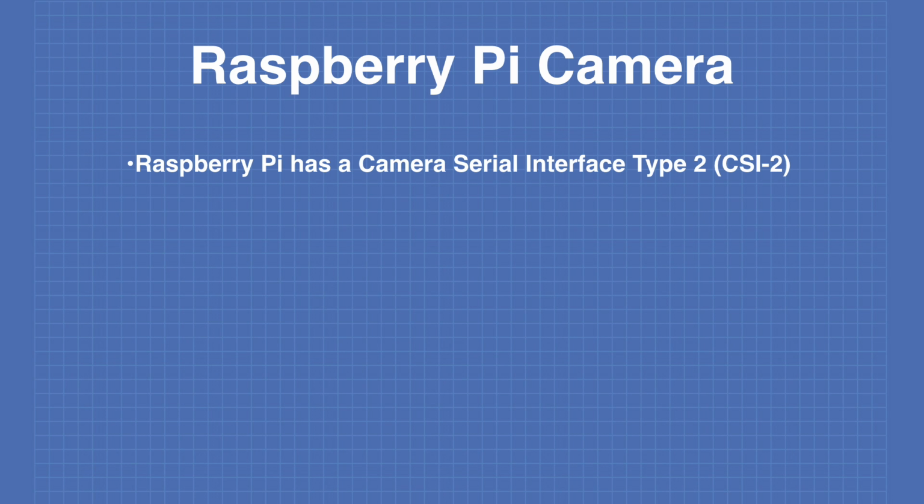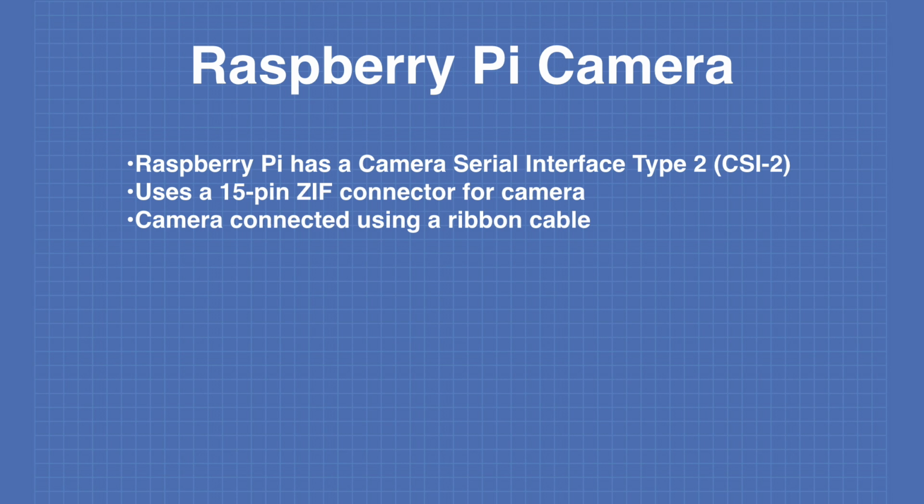The Raspberry Pi boards have a camera serial interface Type 2 or CSI-2 connector. They use a 15-pin zero insertion force connector for the camera. The camera is connected to the Pis using a ribbon cable.